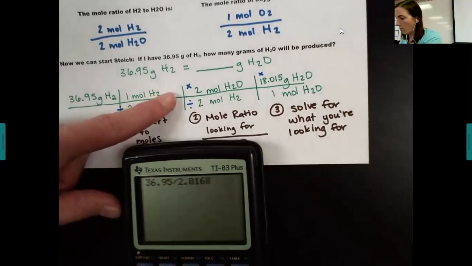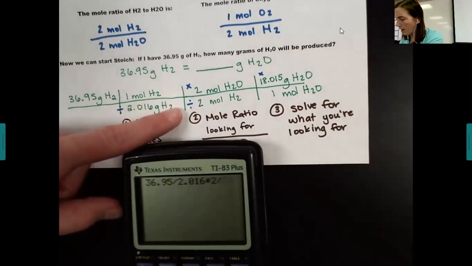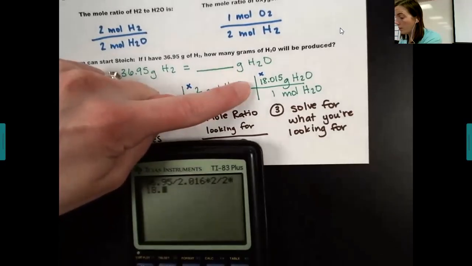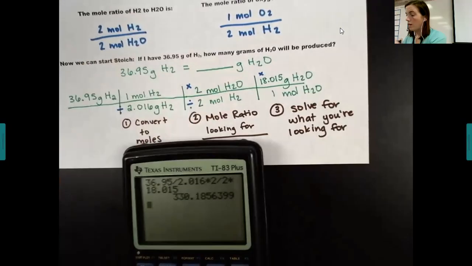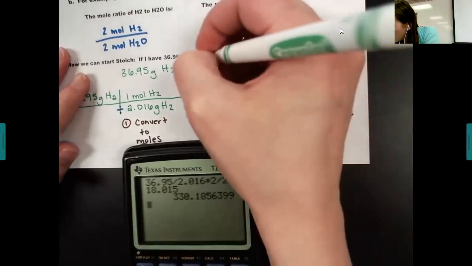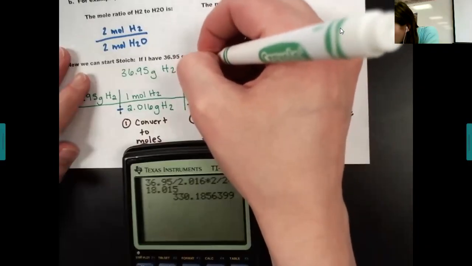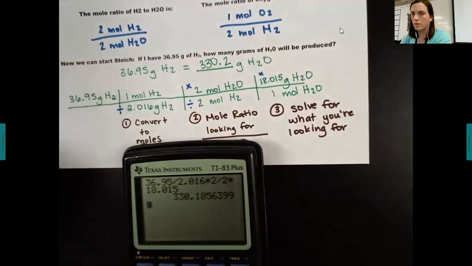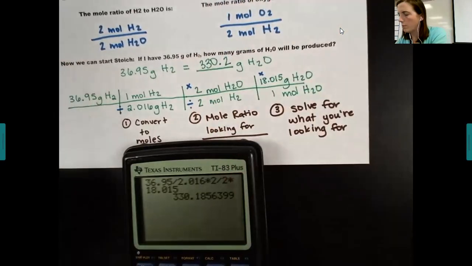Then for the mole ratio, we multiply by what's on top, so times 2, divided by what's on bottom, divided by 2. It won't always be the same number. Then we have 18.015 on top, so we multiply. This gives me 330.2 grams.